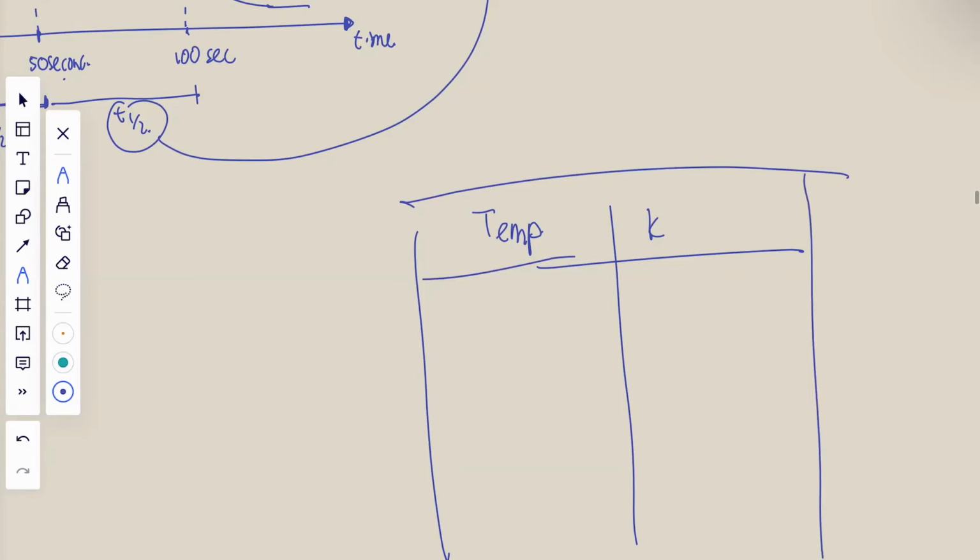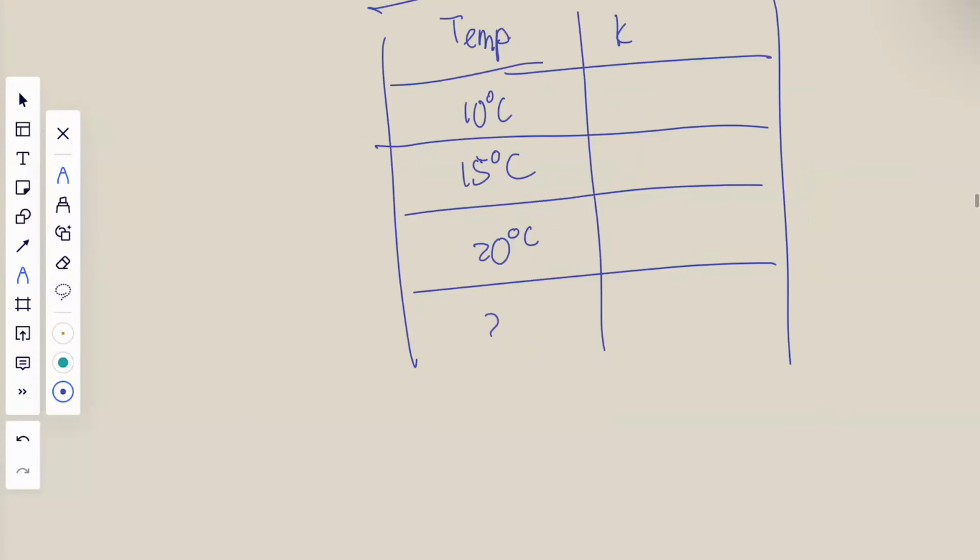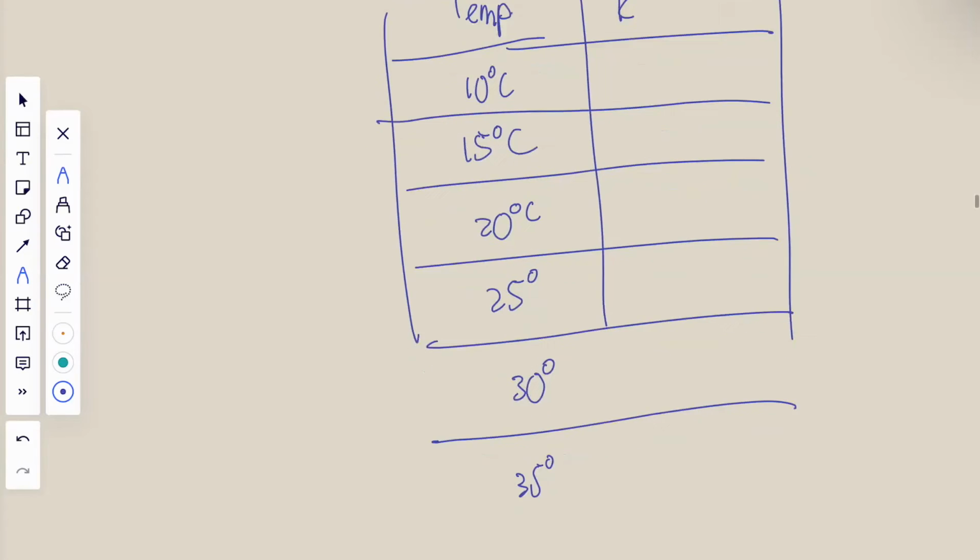After you do so many calculations, this is the last table that you're going to get. Let's say it's 10 degrees, 15, 20, 25, 30, 35, 40. 40 is already difficult.